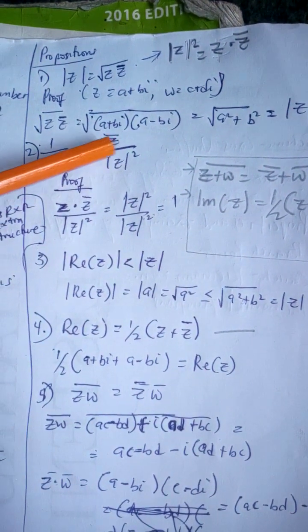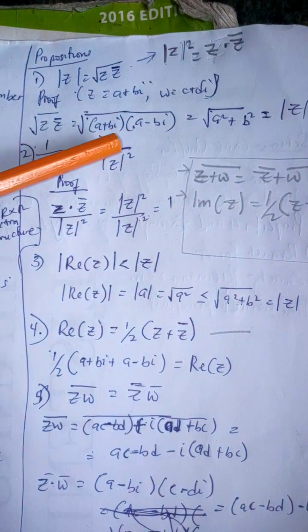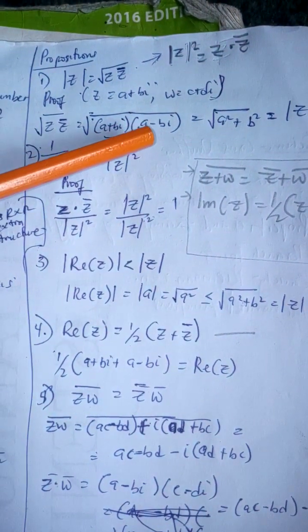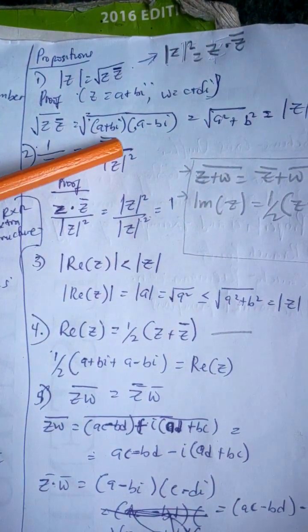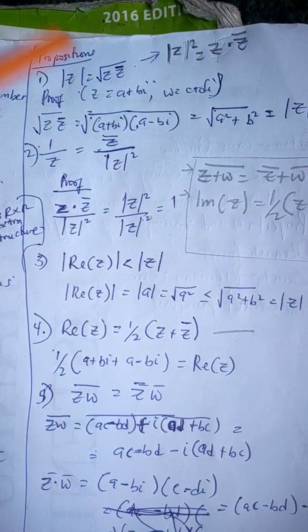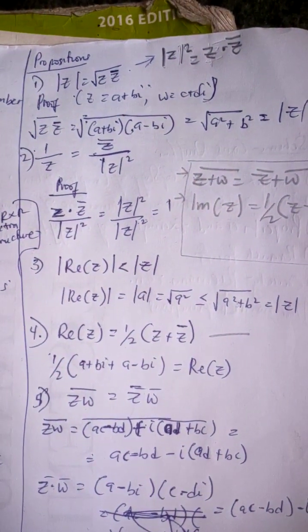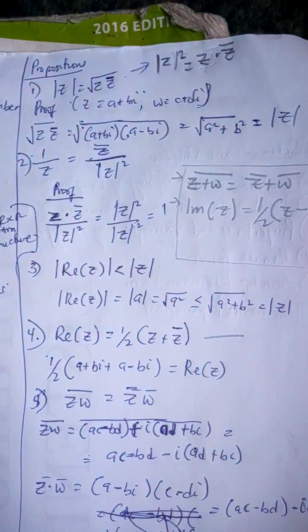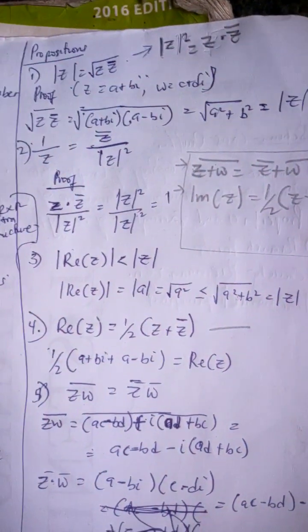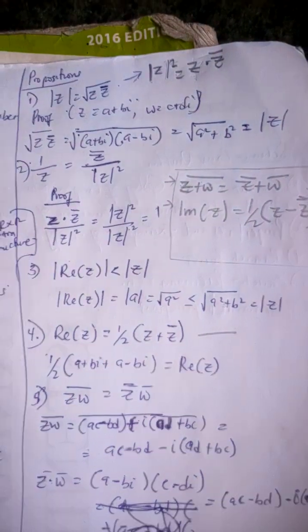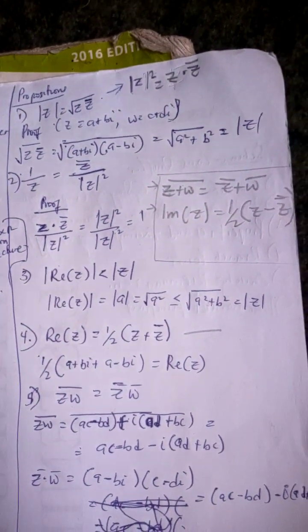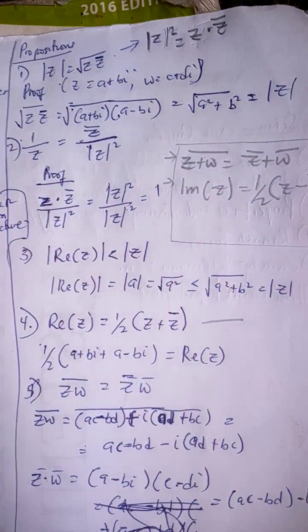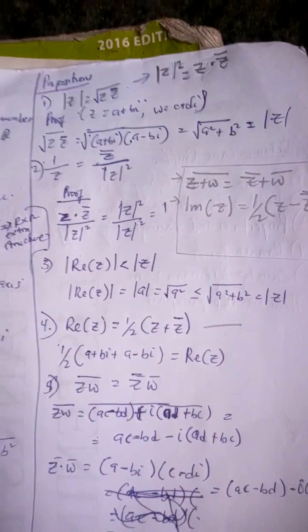When I use a times minus bi, it gives us minus abi, and bi times a will give us abi. You get that cancel, and bi times minus bi, that is i times i, gives us minus 1, and multiplying by the minus, we have ordinary b square. So the square root of a square plus b square. You can try that for more clarification.